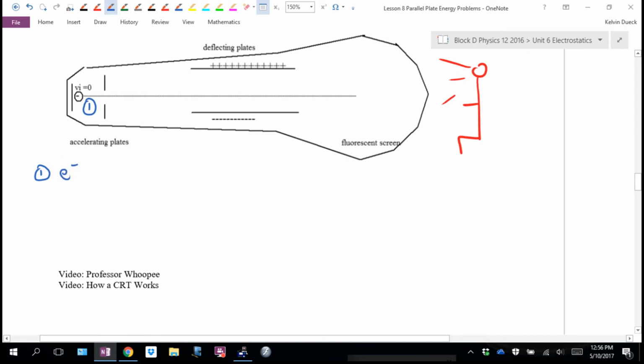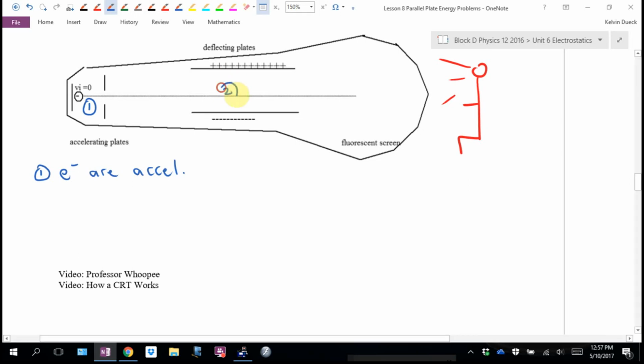Electrons, my abbreviation for electrons is e minus, are accelerated. That's why this is called a cathode ray tube. A cathode ray is a bunch of electrons. They didn't know they were electrons when they were first looking at this, so they called it cathode rays, and then later on they learned, oh, those are electrons.